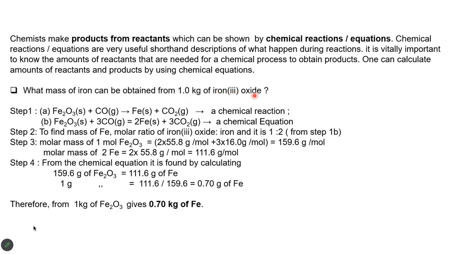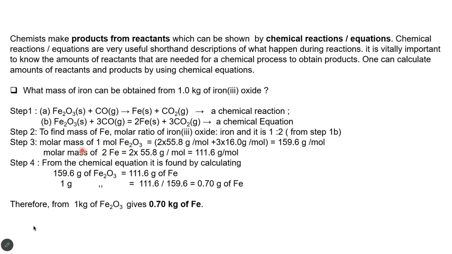In step 2, we have to find the mass of iron and the molar ratio for iron trioxide and iron. How do you get it? We can get the molar ratio from the chemical equation. We see here 1 mole of iron trioxide is in ratio to 2 moles of iron.